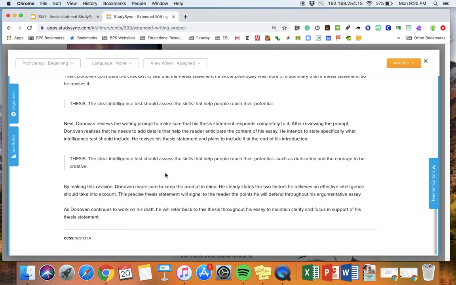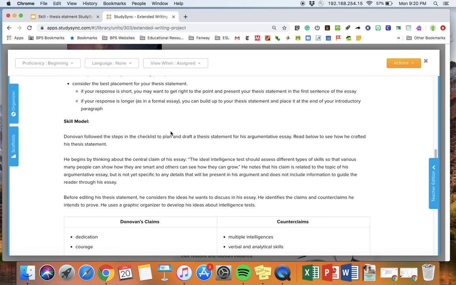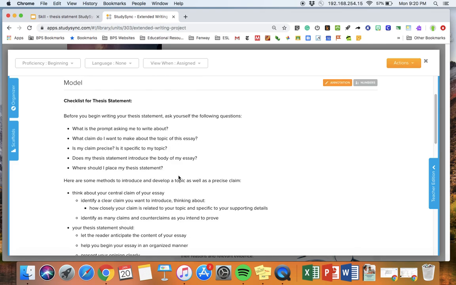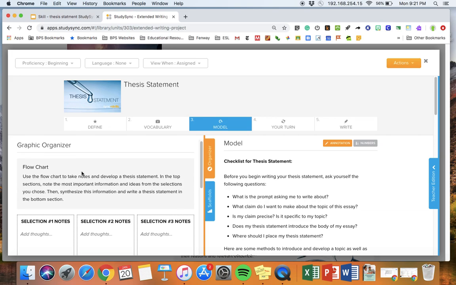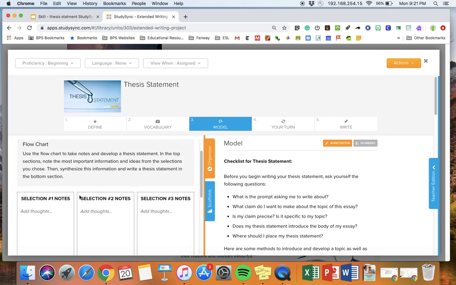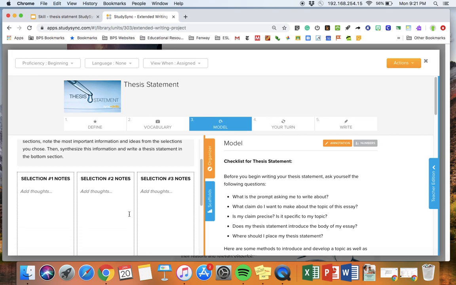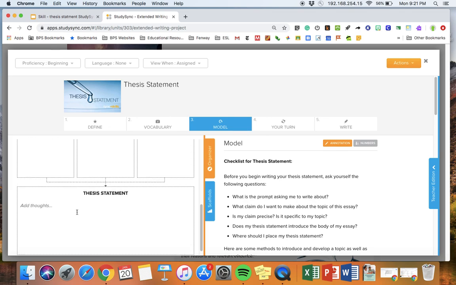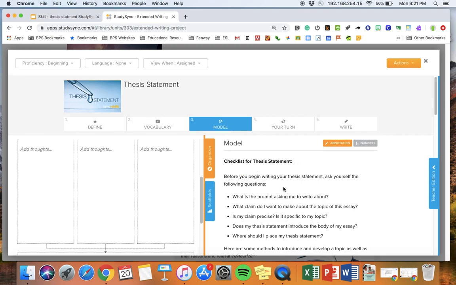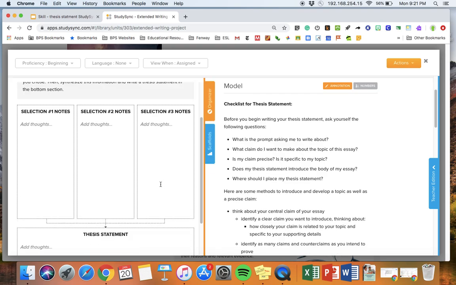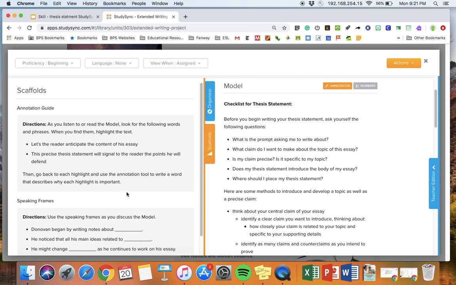So if you want to go back and check each step, you can go and do that here. There's also this really cool organizer. There's a graphic organizer for you to take notes, make those keywords, and then draft your thesis statement right here. So you can work on it to the side as you're looking at how Donovan did his.